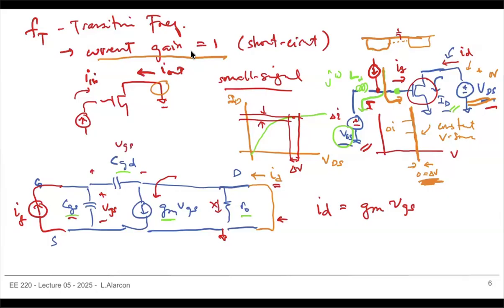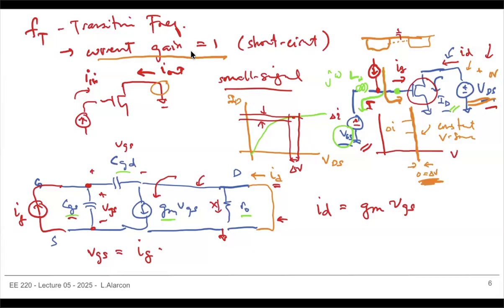Hopefully that's clear, because this is the gate and this is the source, and this is all shorted out, and this is also the source, right? Because the drain is shorted to the source in small signal. In large signal, it looks like a voltage source like this. In small signal, it's connected to the source. And that makes it easy right now, because VGS is just equal to the gate current times the impedance of that cap.